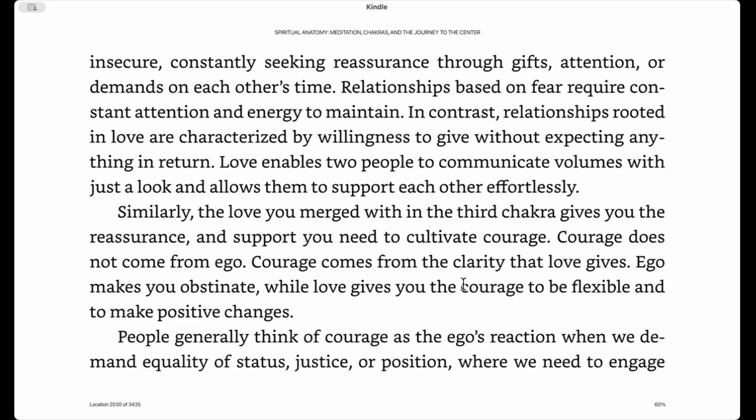So, relationships based on fear require constant attention and energy to maintain. In contrast, relationships rooted in love are characterized by willingness to give without expecting anything in return. So, love enables two people to communicate volumes with just a look and allows them to support each other effortlessly.